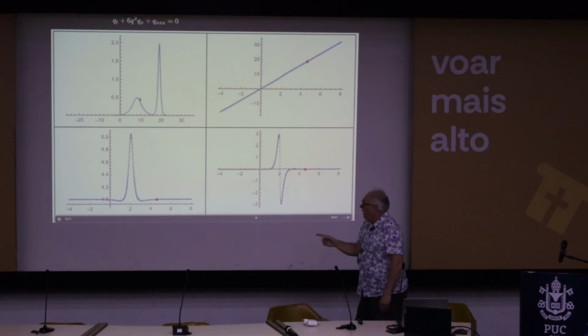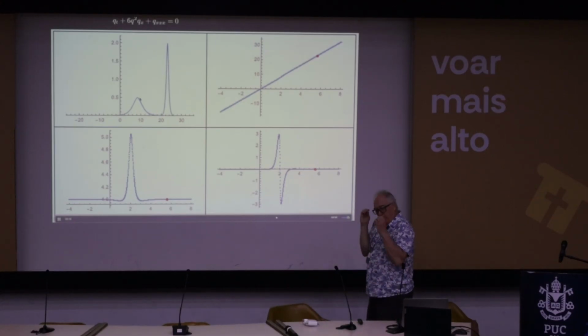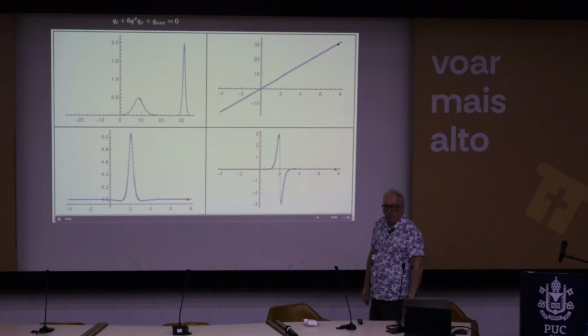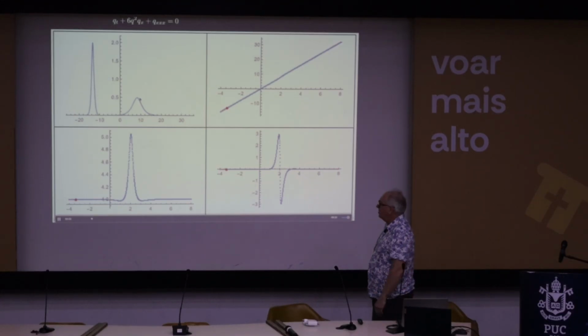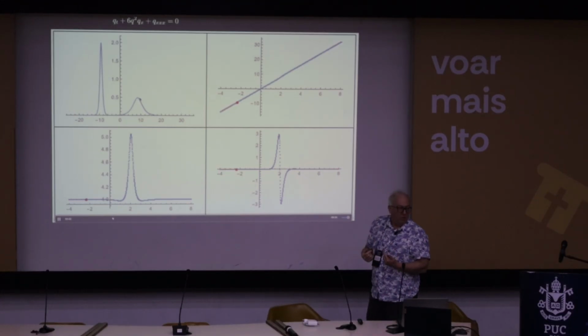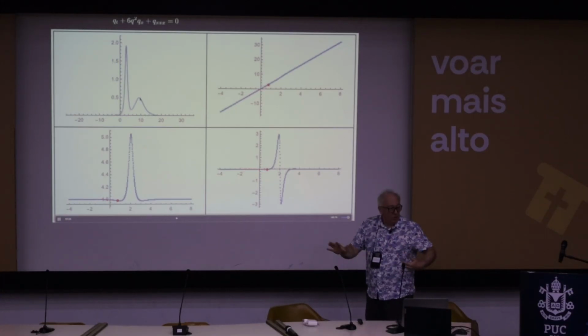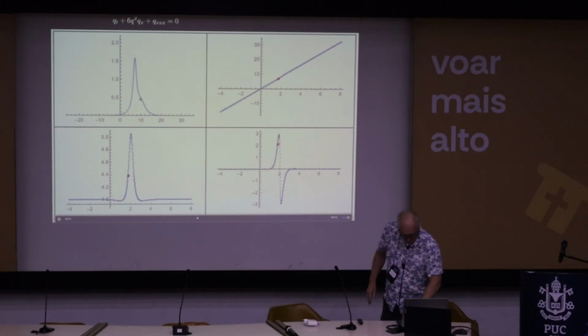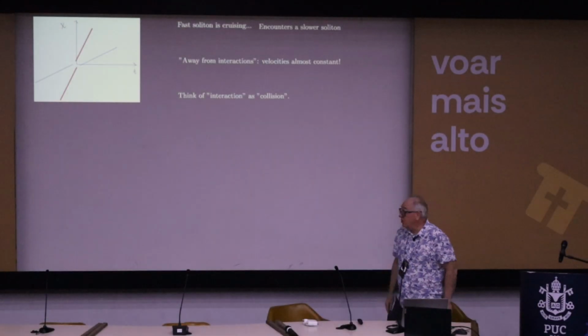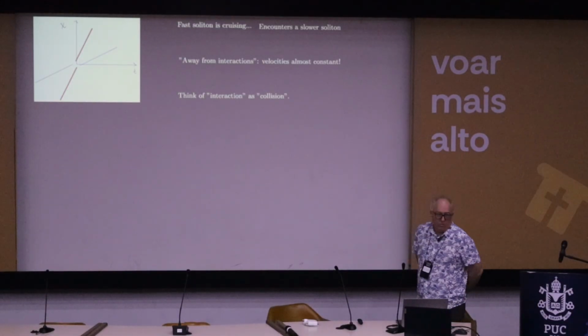So I'm showing you this so you think really, right from the inception of integrability, the discovery of solitons, there was an interpretation of them as particles. As long as they are far apart, that interpretation makes good sense.